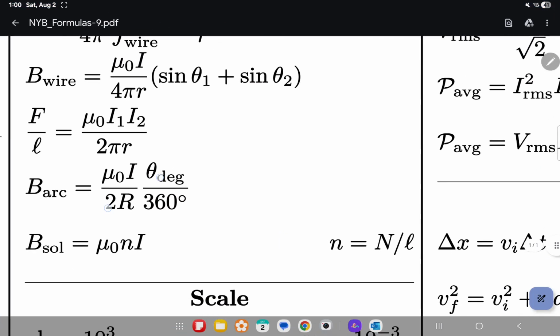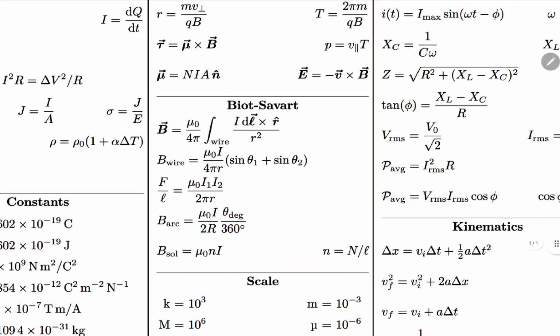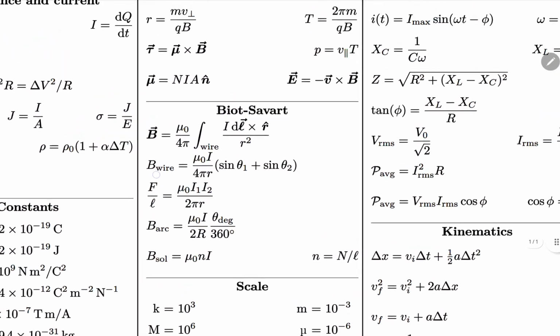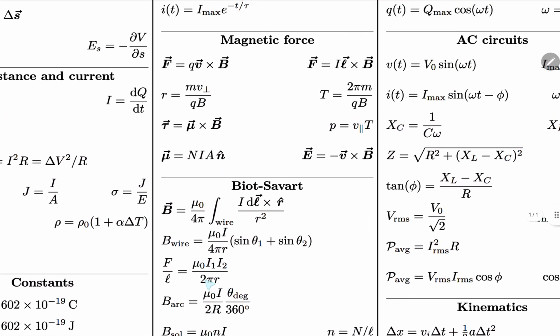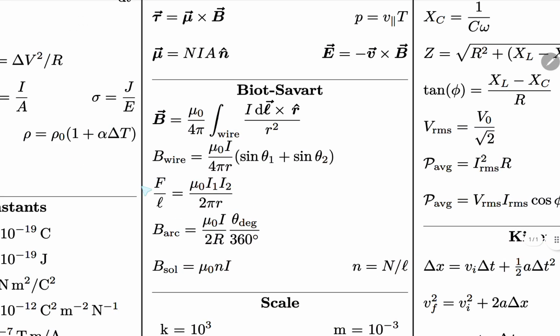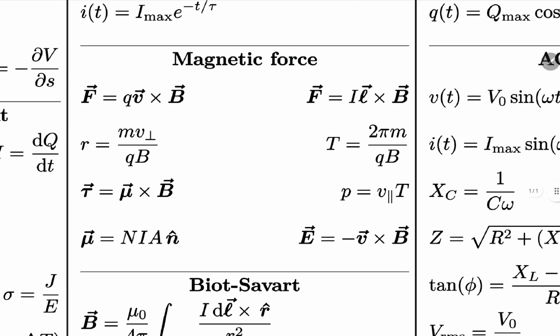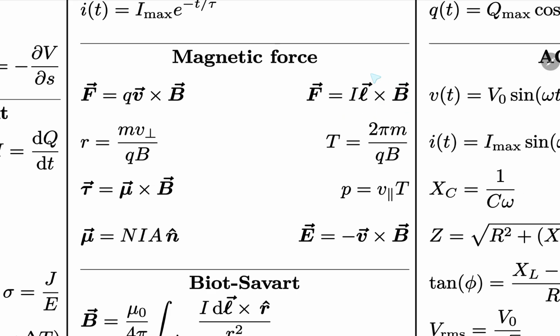Well, technically, there's another formula. This one right here. It's represented this way, F over L. But our formula from the magnetic field chapter is represented this way.